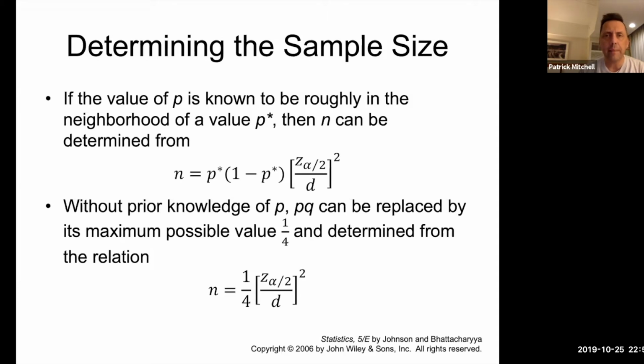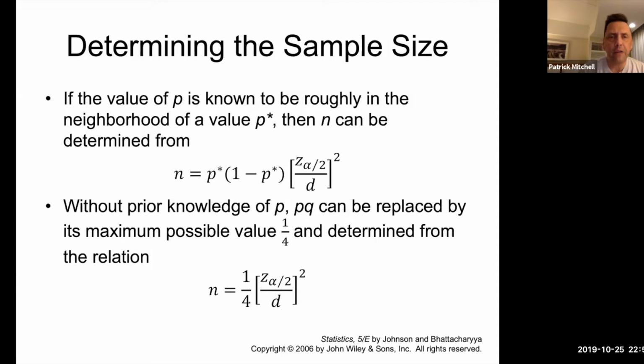The example I keep coming back to is you're doing a poll for an upcoming election, and you want to know how many people you need to interview so that your margin of error is no more than, say, 2%. For that, you use one of these formulas.